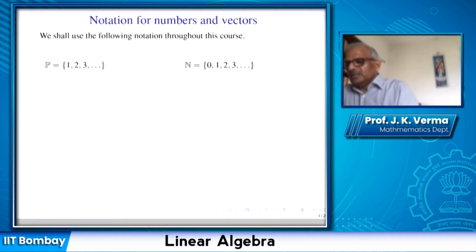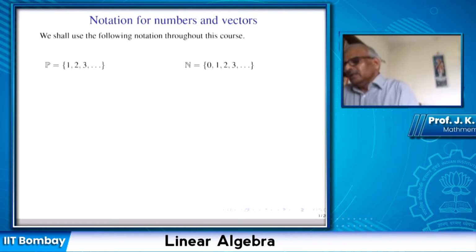Script P will denote the set of positive integers, and N will denote the set of non-negative integers. Many times we say natural numbers, but it is not clear whether 0 is included in natural numbers. So this is the notation which is popularized by Richard Stanley.